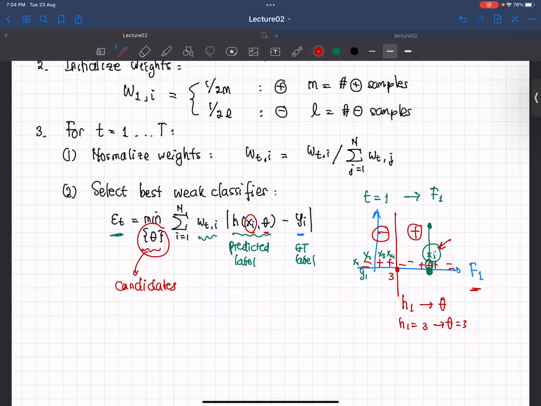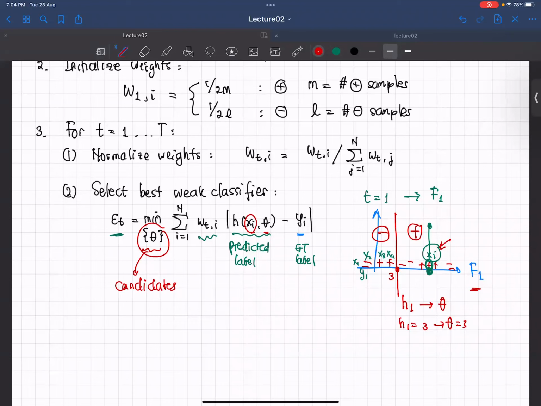Candidates of the line, because theta implies the line, right? Theta equals to 1 means that the straight line crossing axis 1. If theta equal to 4, the x-axis value will be crossing at 0.5, and so on and so forth. So theta are the candidates for all the possible lines.